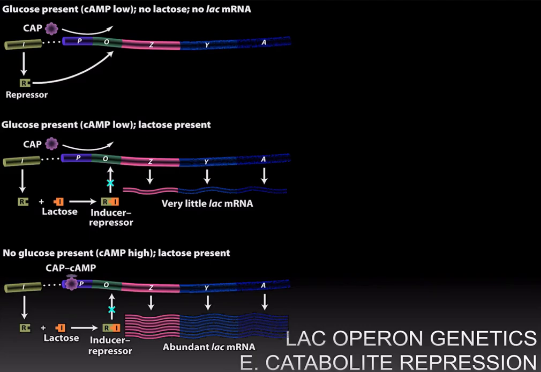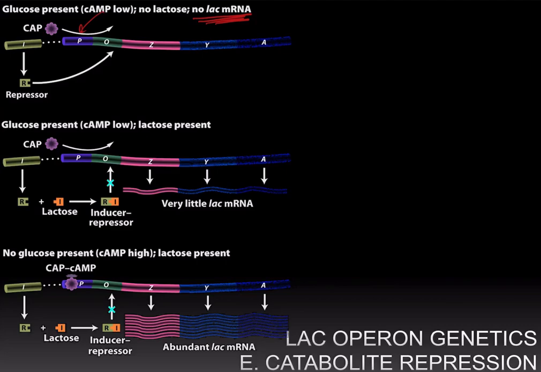And the net result of the repressor preventing the availability or the arrival of polymerase at the promoter, and the absence of a CAP cyclic AMP complex which recruits more polymerase, is that you will have no LAC mRNA.